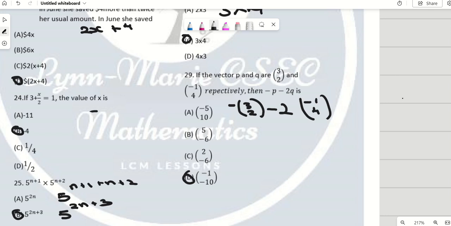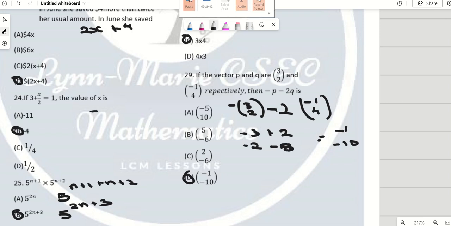Minus by minus is plus, so we have plus 2. And then -2 times 4 is -8. So now we get -1 and -10. This is the easier way to do it: you just put the values.